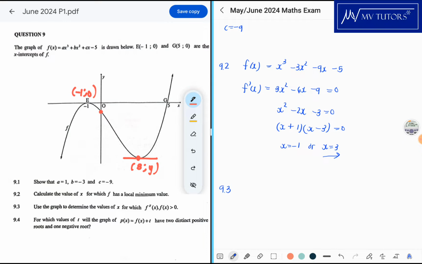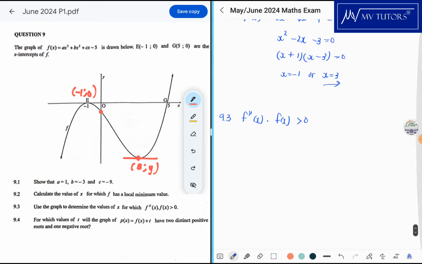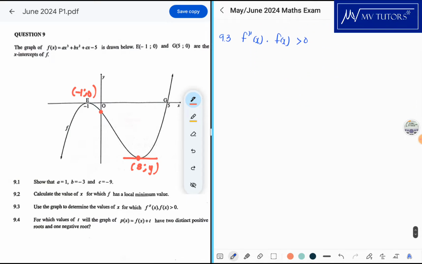Now 9.3 says use the graph to determine the values of x for which the second derivative times x times f of x is bigger than 0. So how will that graph look? Okay, currently, if I were to draw my graph there, currently we have something like this. Okay, I can take it up.